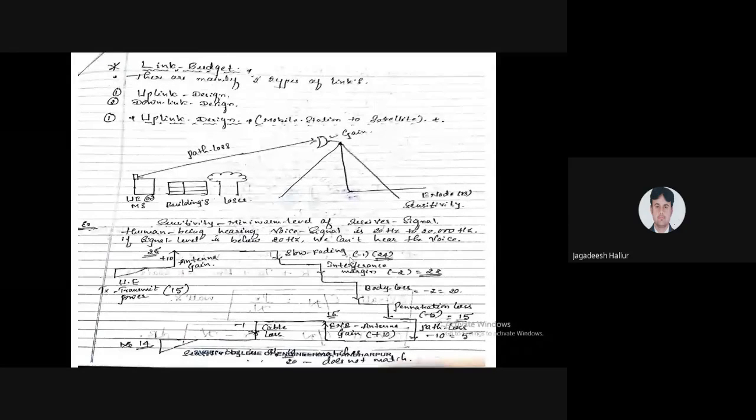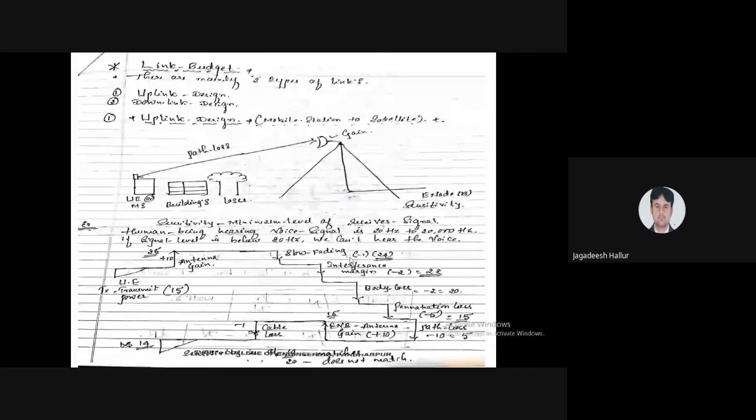Only antennas give gain, and amplifiers, modulators and encoders give gain, and all the remaining parameters provide losses. So the last is cable loss. So finally we'll get the answer as 14.